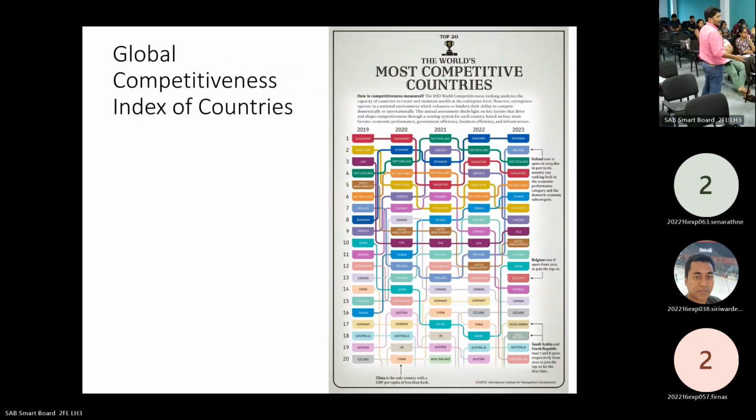Now, within the country, there are other factors. This is the global competitiveness index of countries, assessed based on different criteria by different firms.